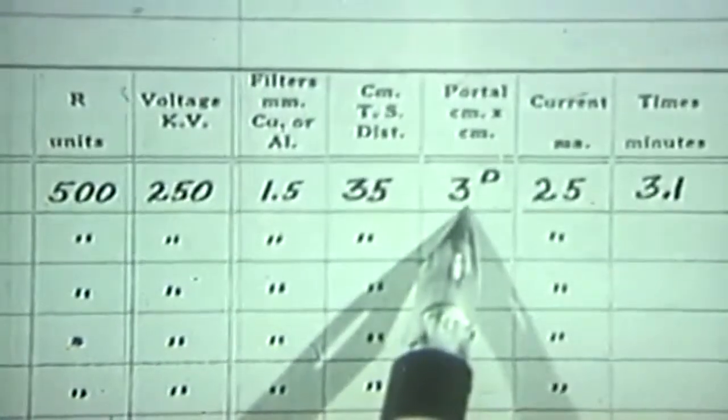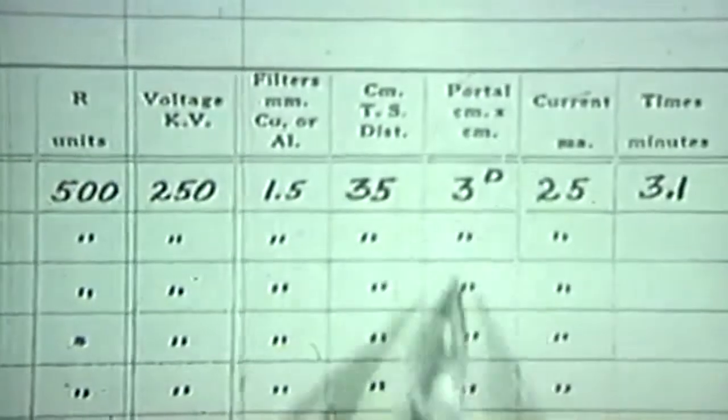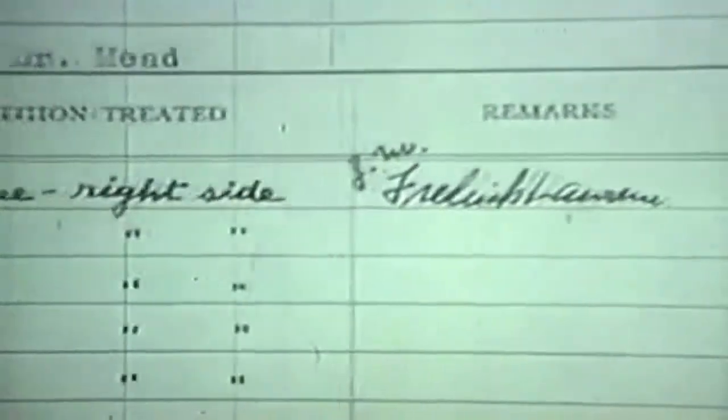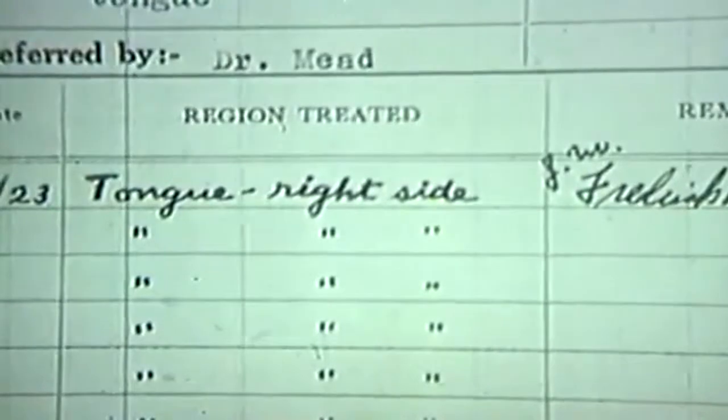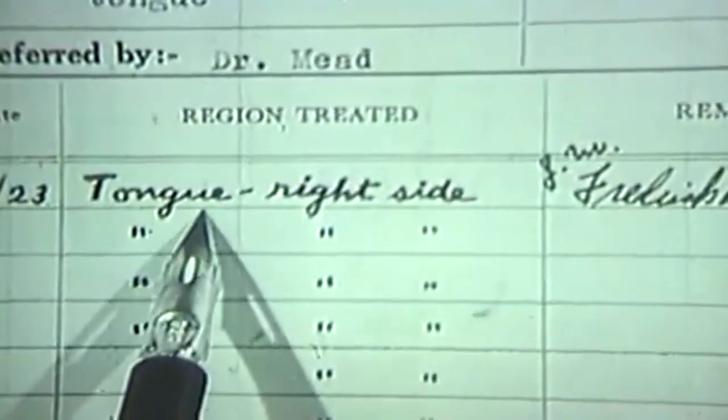The portal to cover the region treated is the size of the opening of the lead cone. The region treated, in this case, is the tongue.